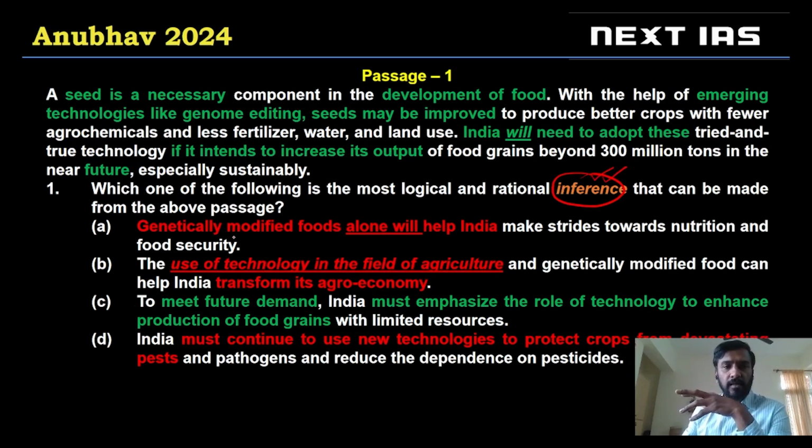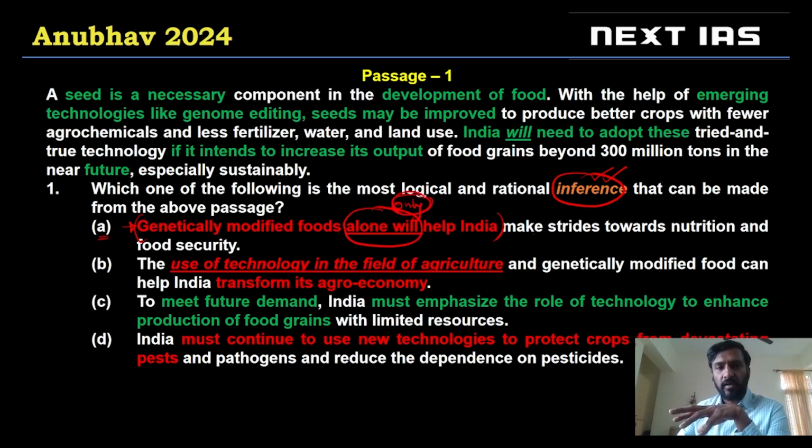So let's see. Option A says genetically modified foods alone will help India make strides towards nutrition and food security. So obviously, as you can see, this is marked in red. This is especially problematic because we don't find any evidence where we can say that only genetically modified foods will help India progress towards food security.